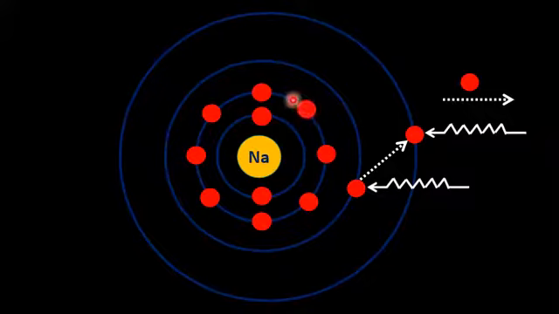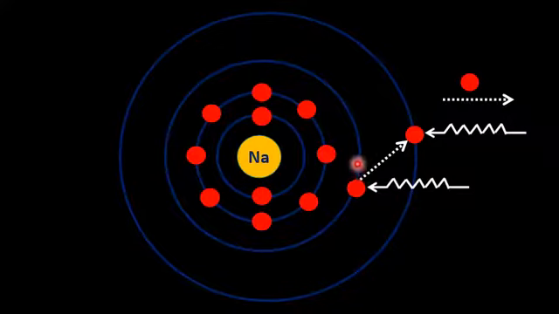Now in the valence shell of sodium there is one electron, and due to this specific energy of the electron in the valence shell, the electron is bound to the nucleus. So when heat is provided from the external source, the valence electron will absorb energy which is higher than the energy needed to remain in the shell.